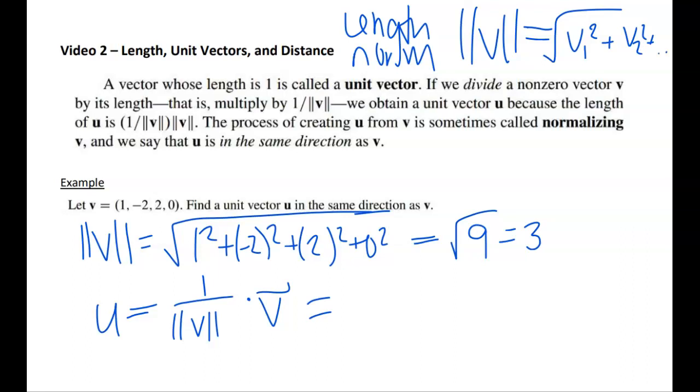So that's going to give me, maybe I write it in R4 here, 1/3, negative 2/3, 2/3, and 0. And you can double check and make sure that that has a length of 1. It does. You end up getting a 9th plus 4/9 plus 4/9, which gives you 9/9. And then when you take the square root of that, you get 1.